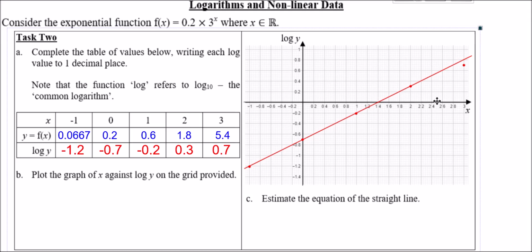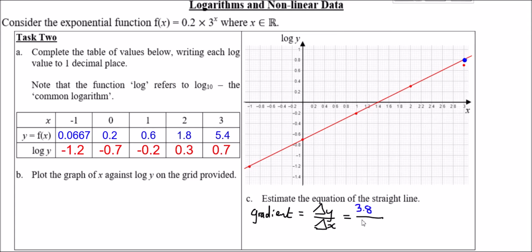So let's think about this. We need to work out the gradient. So I can pick the gradient here by picking two nice points. Then I can just work out the change in y divided by the change in x between those points. So one point I can see which seems to be fairly easy to read is 3 and 0.8. So I'm going to put this point here. So the change in y, I'm going to start at 3.8.